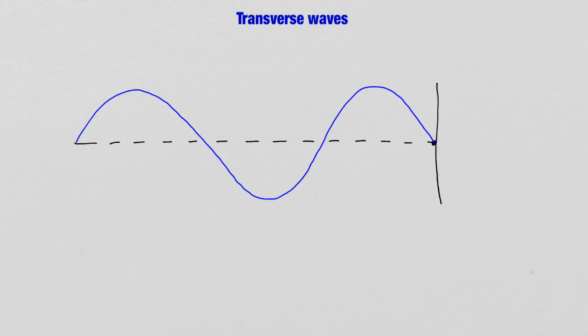The wave is a periodic wave, and the waveform will look like so as propagating down the rope. So the direction of propagation in this case will be to the right. Let's look now at the individual particles in the rope and how they move as the wave passes through those particles.